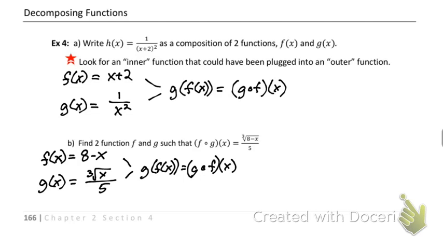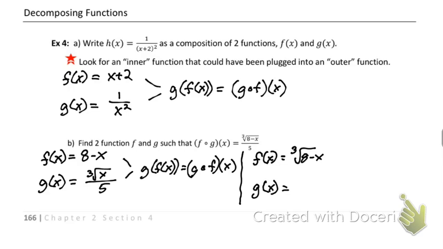All right, it does say write two functions, so we're going to do another one. We're going to do one more that's f of x. I'm going to have that be the entire numerator. So I'll have it be the entire cube root of 8 minus x. That means my g of x, I am going to put an x in the placeholder for cube root of 8 minus x.